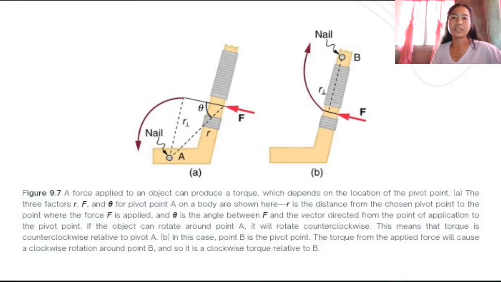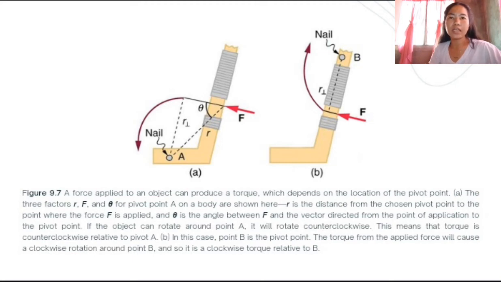And then, next example, in figure 9.7, a force applied to an object can produce a torque, which depends on the location of the pivot point, na magdepende ra sa location sa ilahang pivot point.